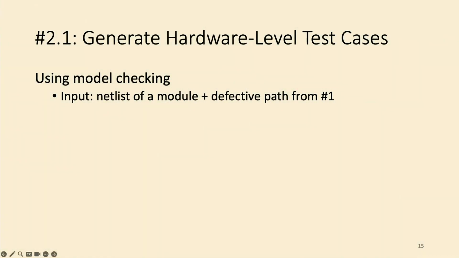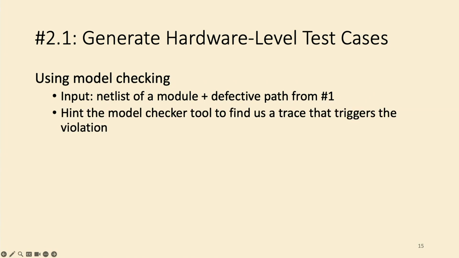So you do use model checking to get from the netlist of the module and the defective path in phase one. We can generate those inputs, and we want to get the model checker tool to find us a trace that triggers the violation. You use classical tools from automated reasoning to do this.